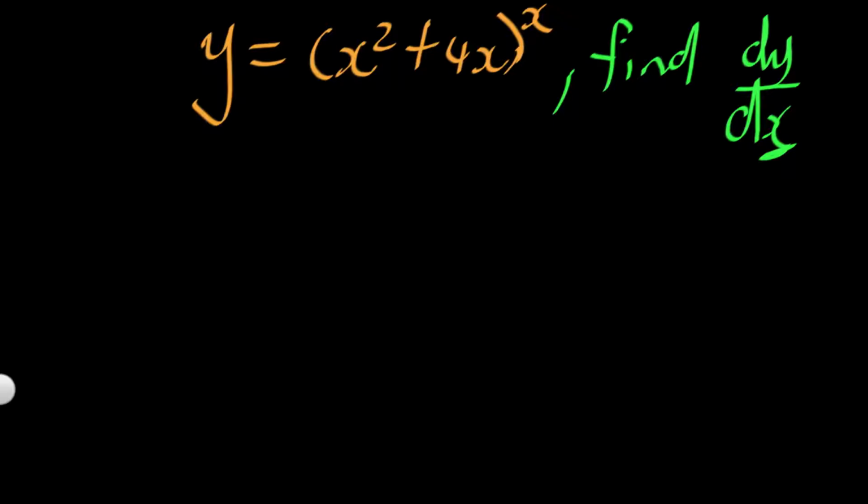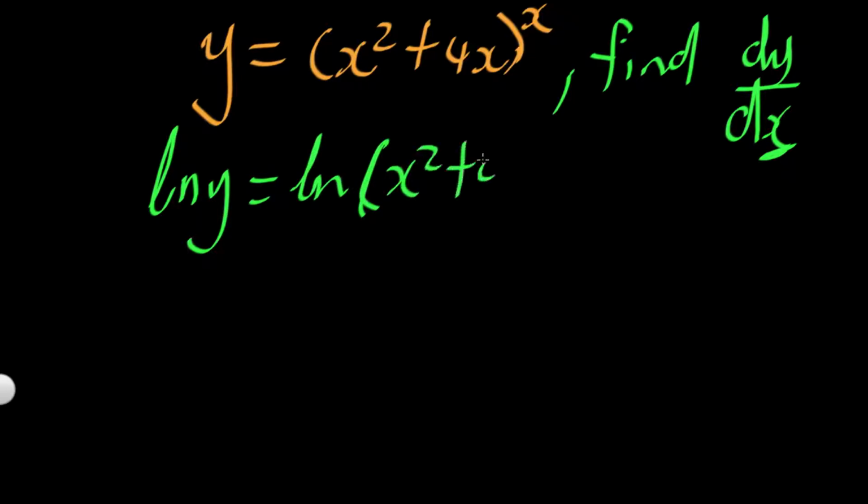So we're going to take logs both sides, which means ln y is equal to ln, put your brackets, x squared plus 4x, close the bracket, to the power of x. You usually get a mark for doing this, for just taking logarithms both sides. Remember guys that this is an equation, so you have to take logarithms both sides. Don't just take logarithms from one side, take both sides.